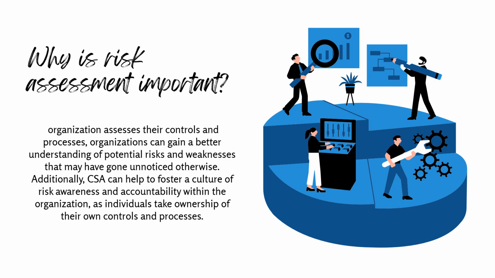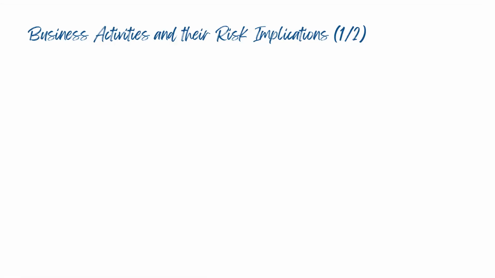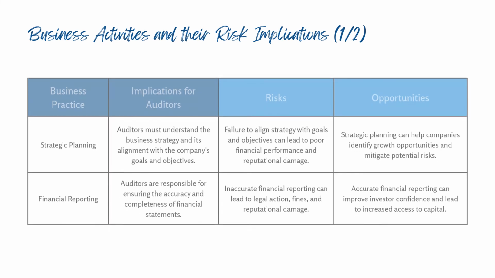And take note, CSA or the controlled self-assessment can be a valuable tool for organizations looking to improve their risk management processes and ensure the overall performance of the system. No? So, what are the examples of business activities and their risk implications?